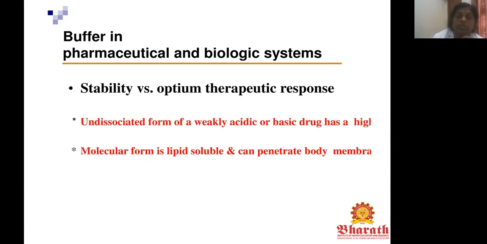So, stability and optimum therapeutic response: the unassociated form of weak acidic or basic drugs has a high tendency to dissociate. Molecular forms are lipid soluble and can penetrate the body membranes.